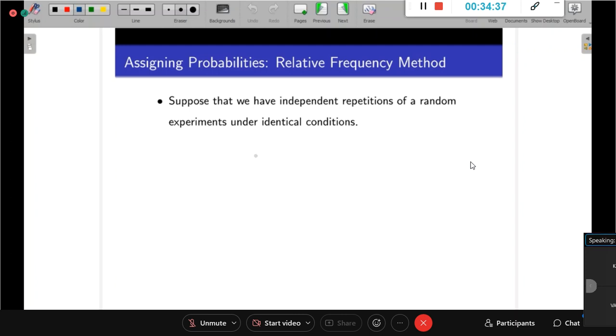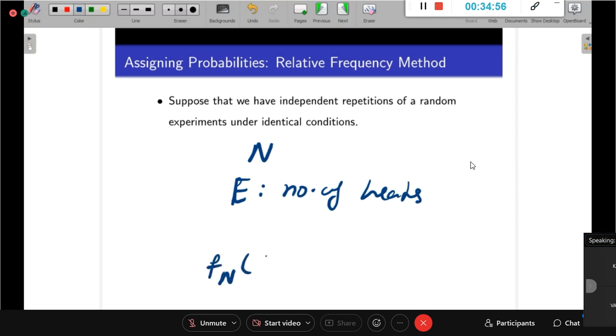So you flip a coin n number of times, and E is the event, number of heads. You note down how many heads occur, and if you divide it by the total number of times the random experiment has been done, that will be assigned as some frequency.